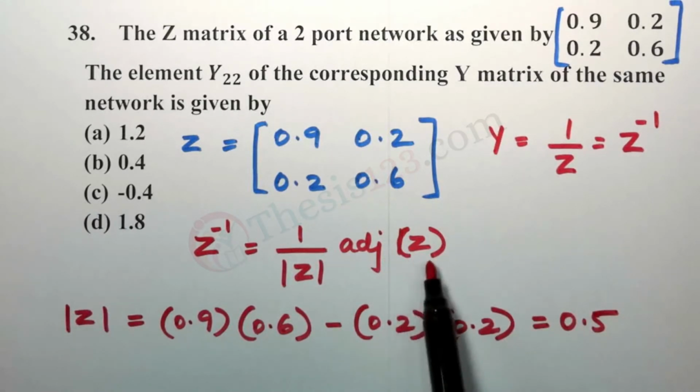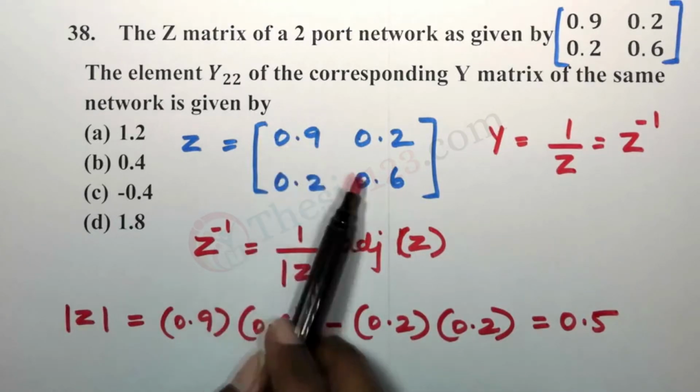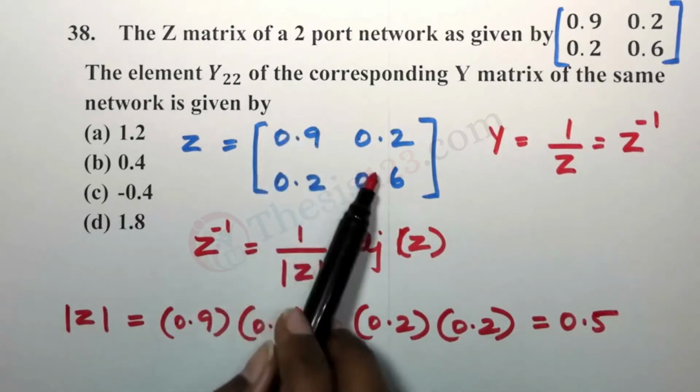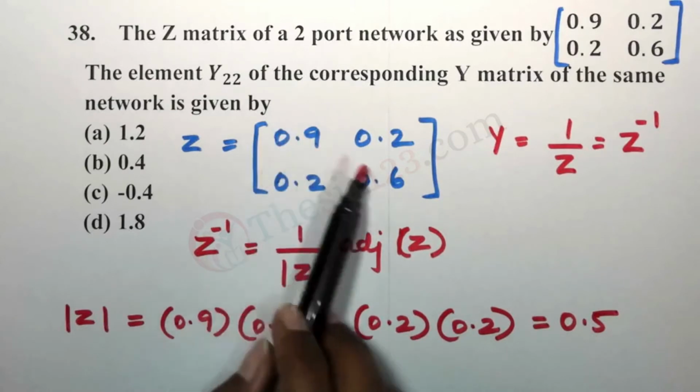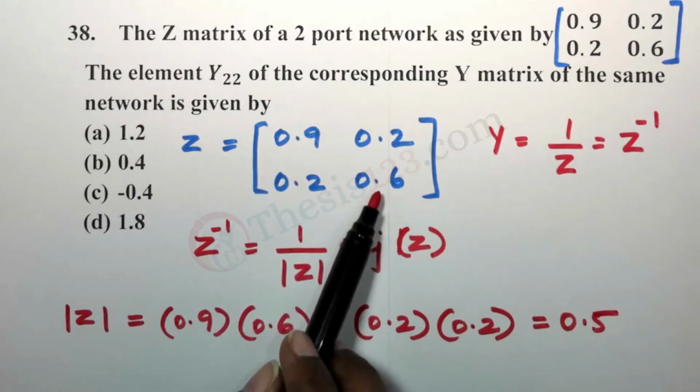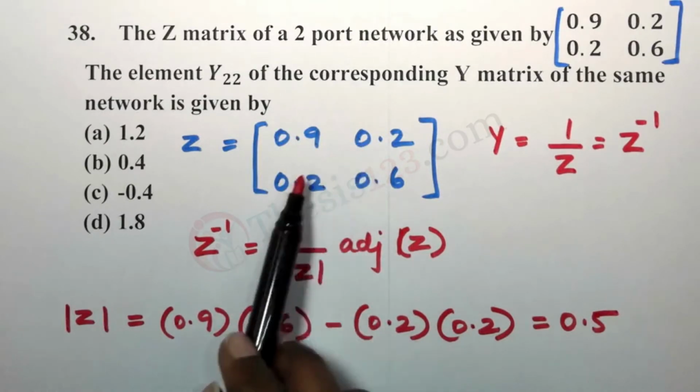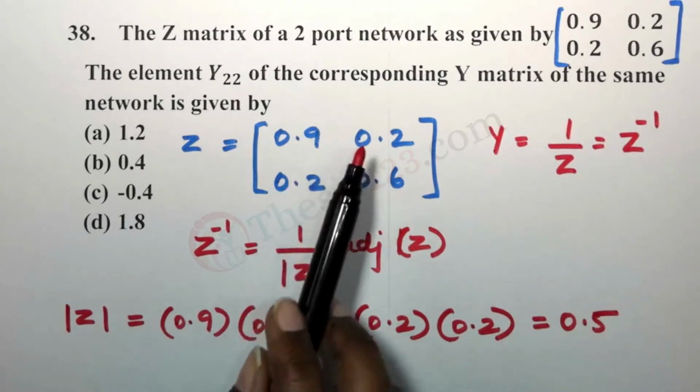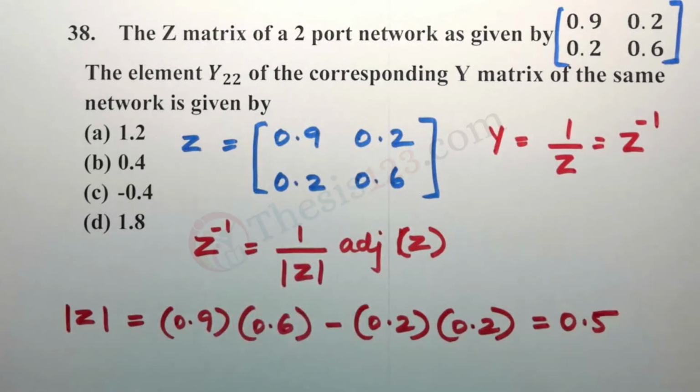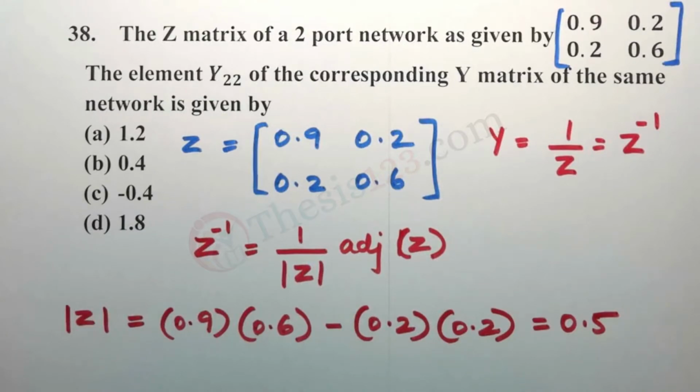Now adjoint of Z. Adjoint of Z is we just have to shift the position of these two diagonal terms, 0.9 and 0.6, while the 0.2 terms over here will become negative. So let me write that down over here. I'll just grab another sheet of paper and we'll continue.